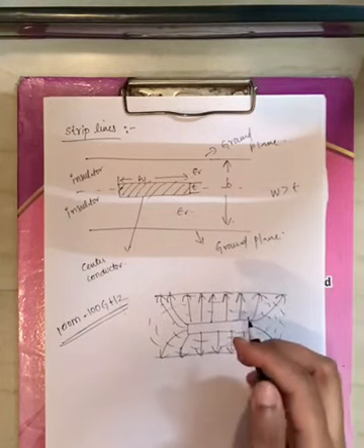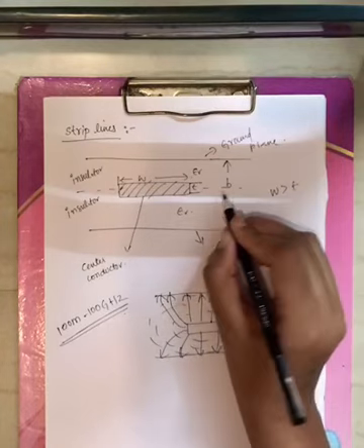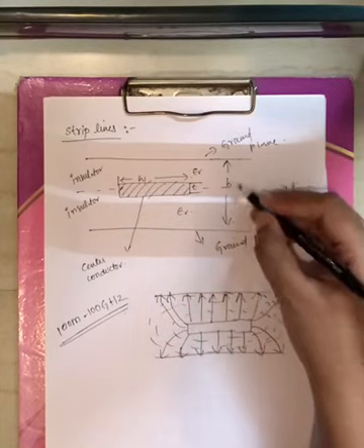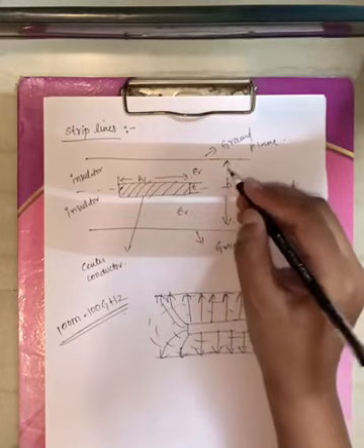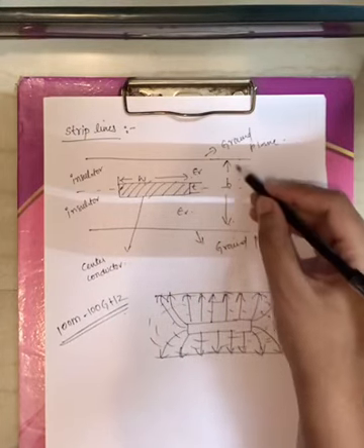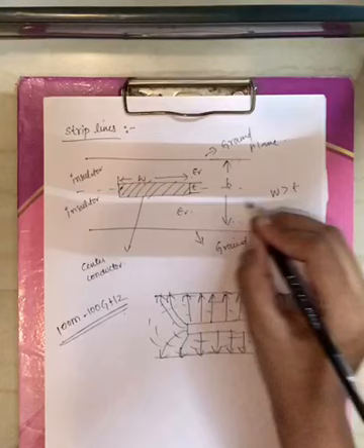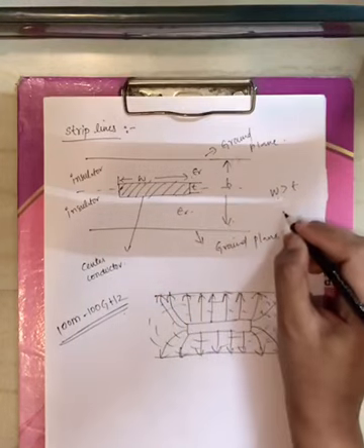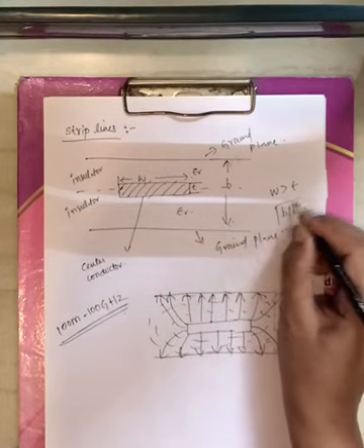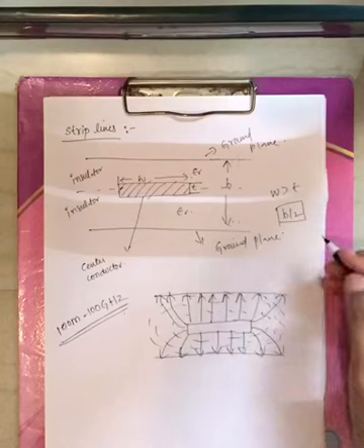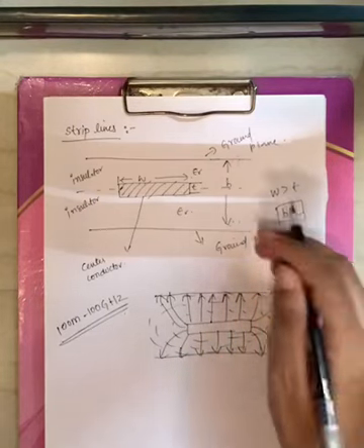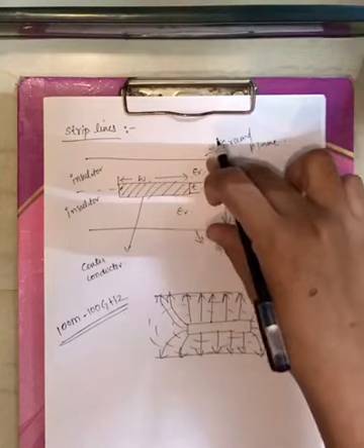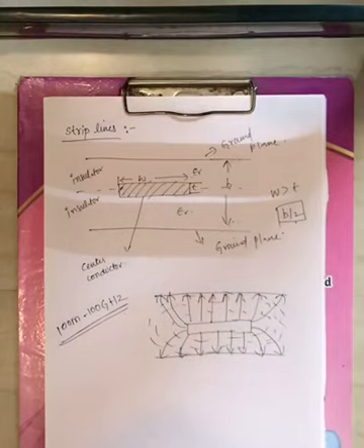There are two ground planes, and B is the distance between these two ground planes. The center conductor is placed exactly at half of this distance, that means exactly at the center between these two ground planes, right?